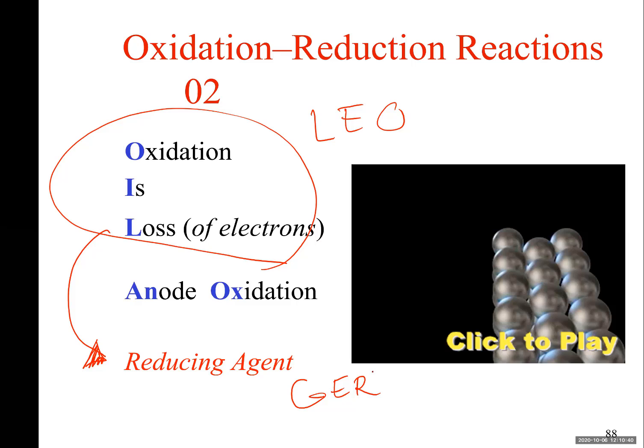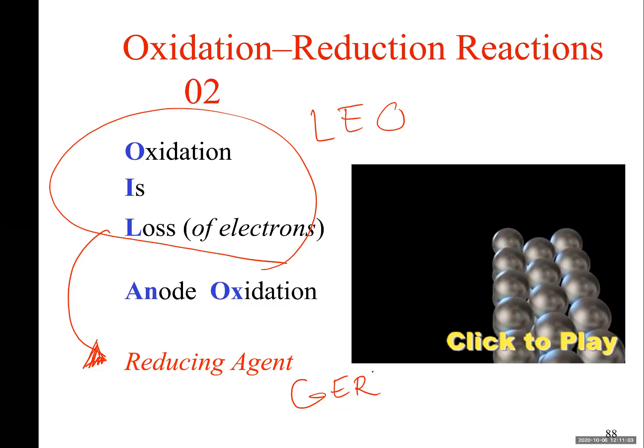When something is oxidized, it causes reduction to the other reagent, because it's a transaction. I can't gain money from you and you gain money. That's not possible, right? I gain money from you because you lose money in a transaction.